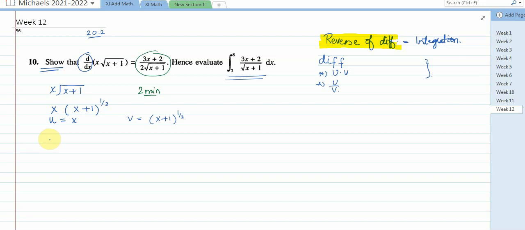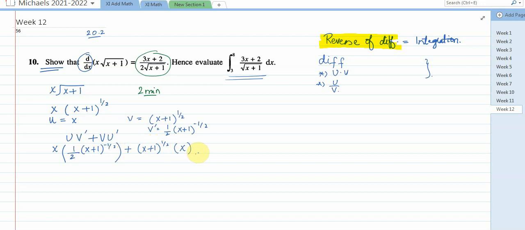Alright, so the formula we have is u derivative of v plus v derivative of u. U is x, the derivative of v is 1 upon 2 times x plus 1 with the power minus 1 upon 2. So it's x times 1 upon 2 x plus 1 with the power minus 1 upon 2, plus v, which is x plus 1 to the power 1 upon 2, times the derivative of u.